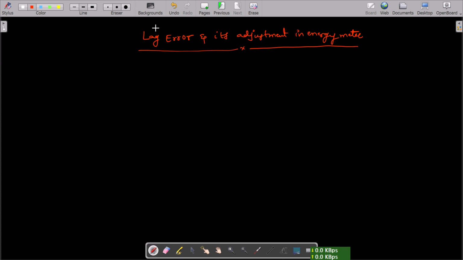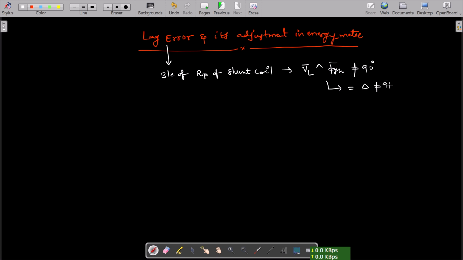So basically, what does lag error mean? Lag error means it is because of the resistance of the shunt coil, that is, the angle between VL and phi sh will not be equal to 90 degrees, but equal to some delta, which is not equal to 90 degrees.